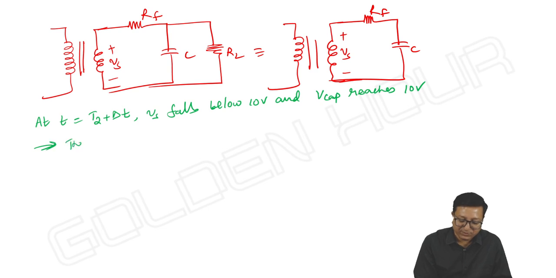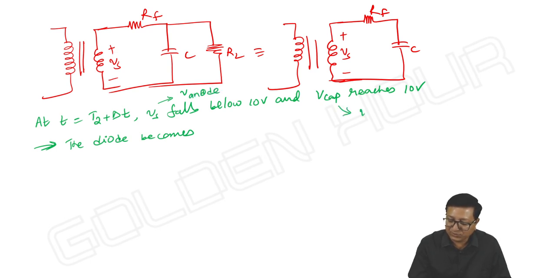Implies the diode becomes off. Means the anode voltage is below 10 volts, Vs is just nothing but the anode voltage, and V capacitor is just nothing but the cathode voltage of the diode. So the diode becomes off. We know once the diode is off, what is the equivalent circuit?